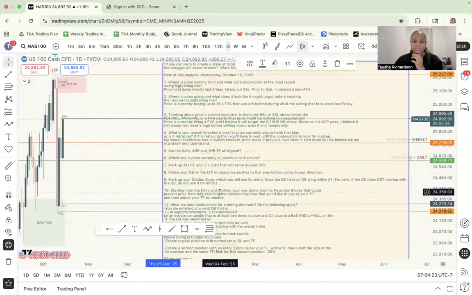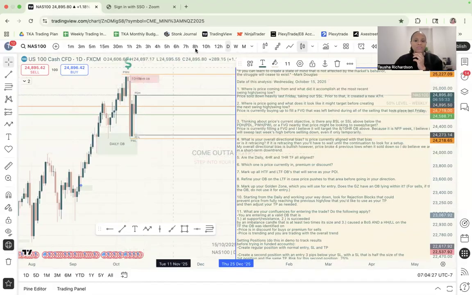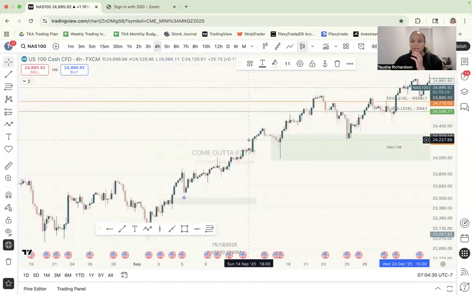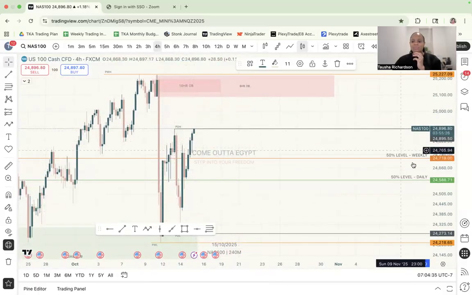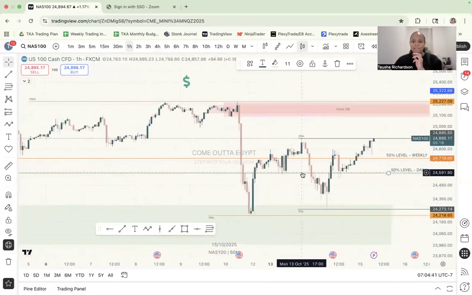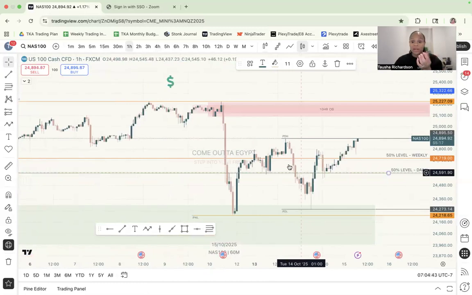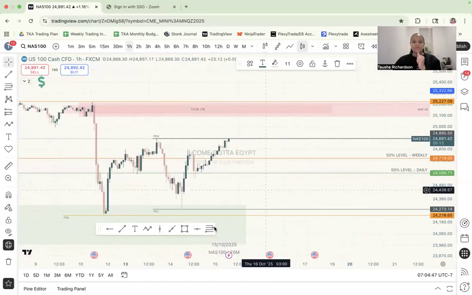Price is bullish. If we go to the 4 hour, price is bullish, currently creating higher highs and higher lows. And then if we go to the 1 hour, price is again creating higher highs and higher lows.